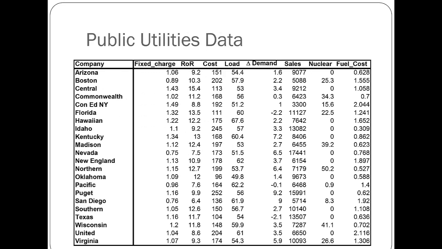So here's the data, and we've got the 22 different companies and the 8 different variables, and we want to know how they group together, and it's hard to do that just by looking at the data. If we use the cluster analysis algorithms, we can actually find out how these different utilities are grouped together, which ones are similar and which ones are not.